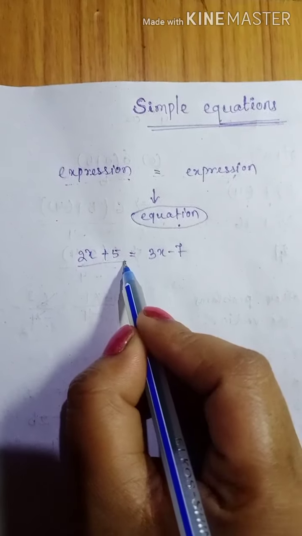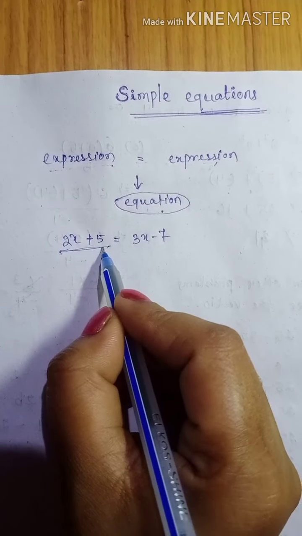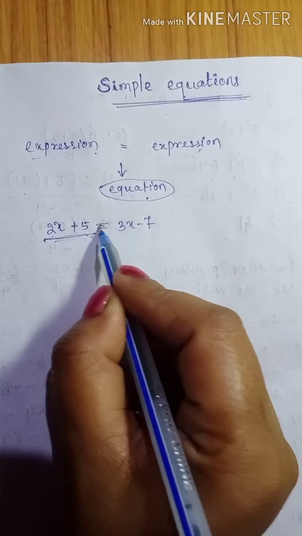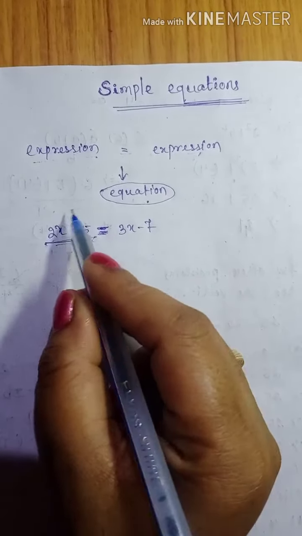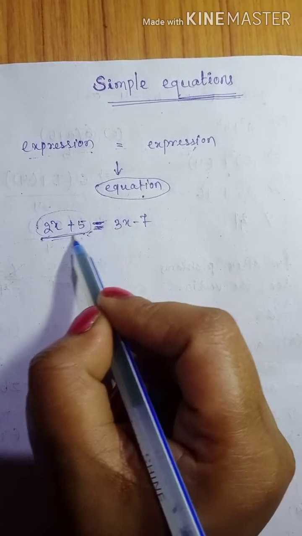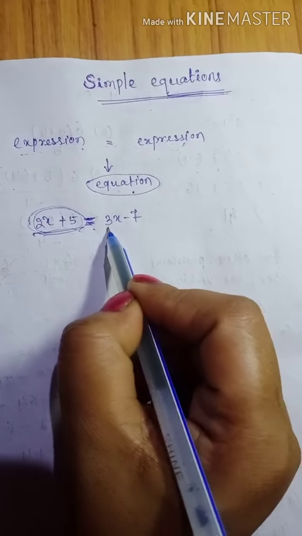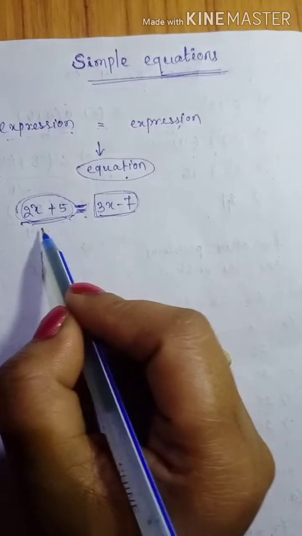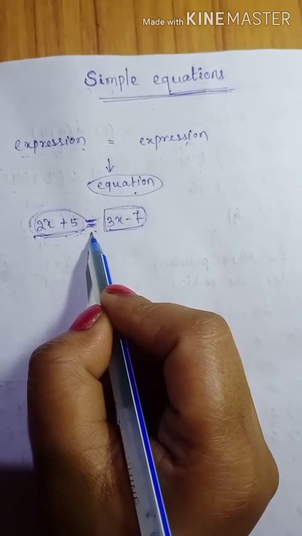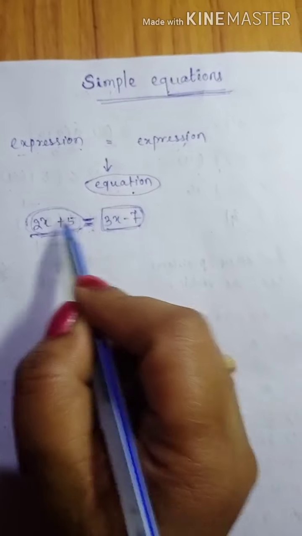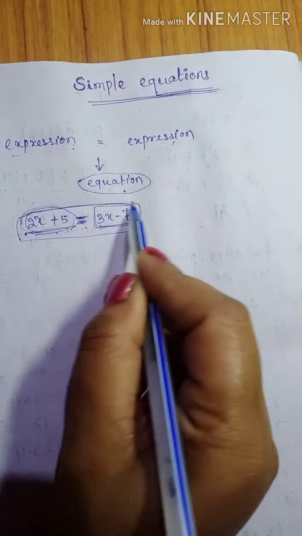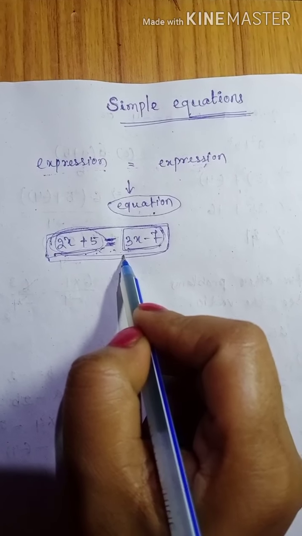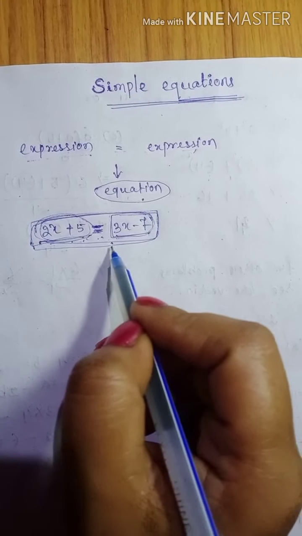Here 2x plus 5 is an algebraic expression, and its value is equal to the expression 3x minus 7. That means 2x plus 5 equal to 3x minus 7 is known as an equation.